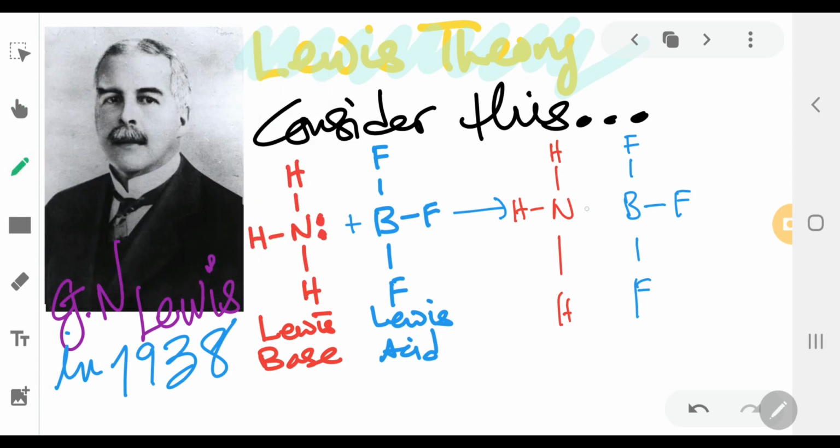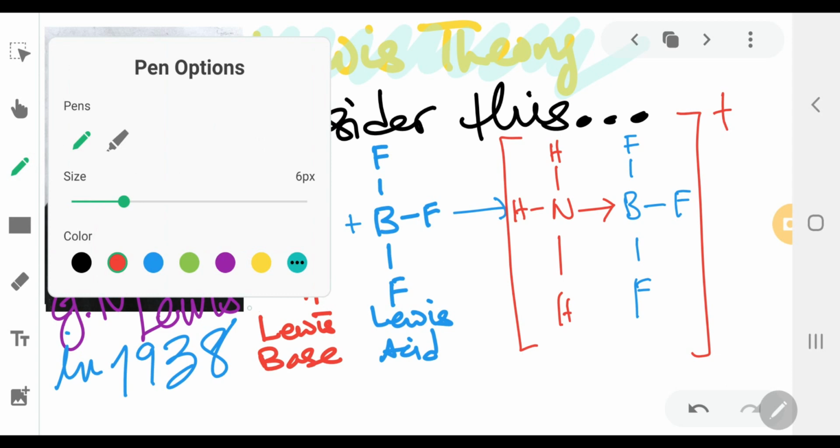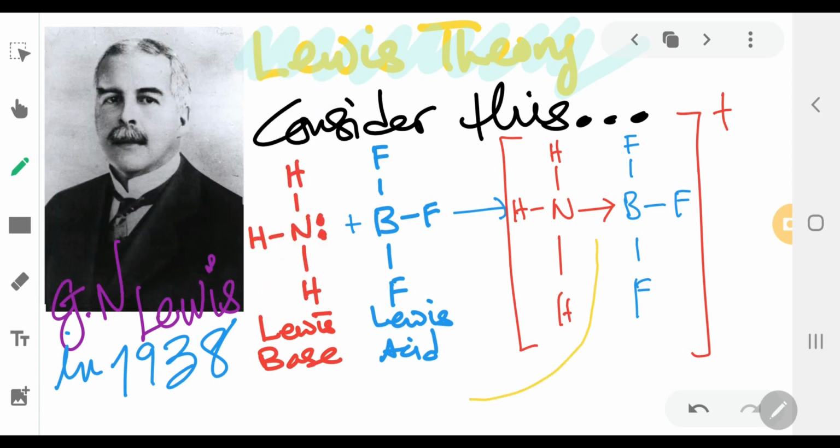Then you will be forming this, and in the middle is your dative covalent bond.